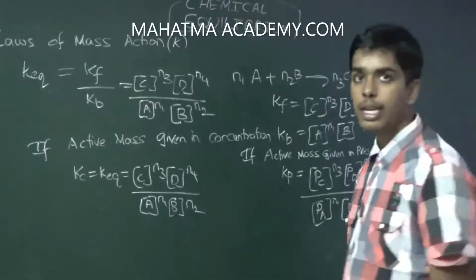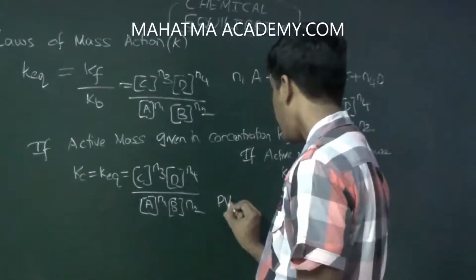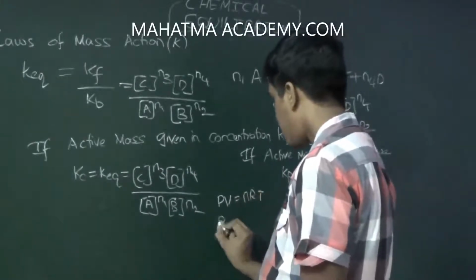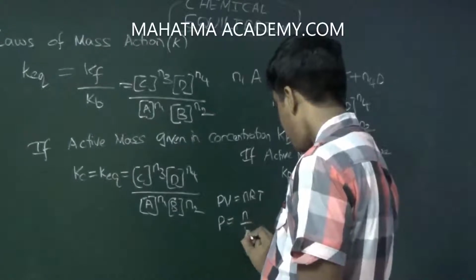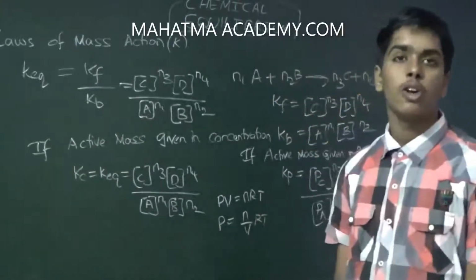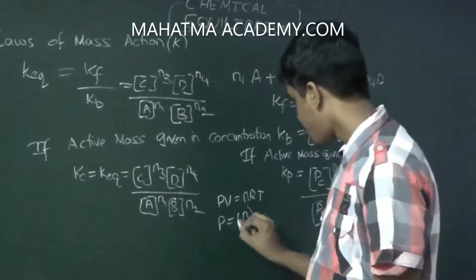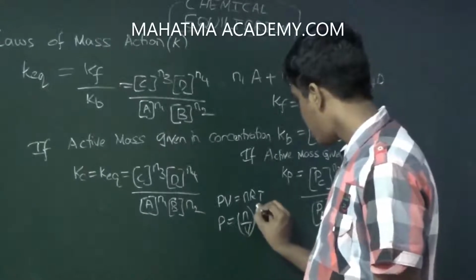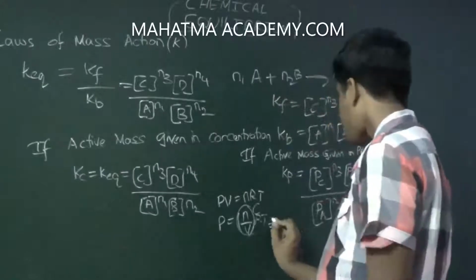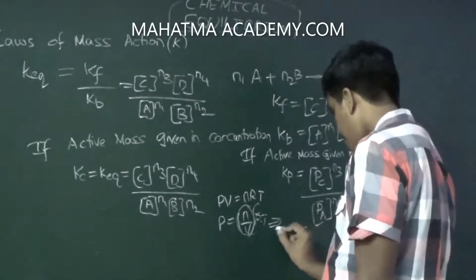As we know that PV is equal to nRT, P is equal to n by V times RT. As we know that concentration C is equal to n by V, it is replaced by C. So P is equal to CRT.